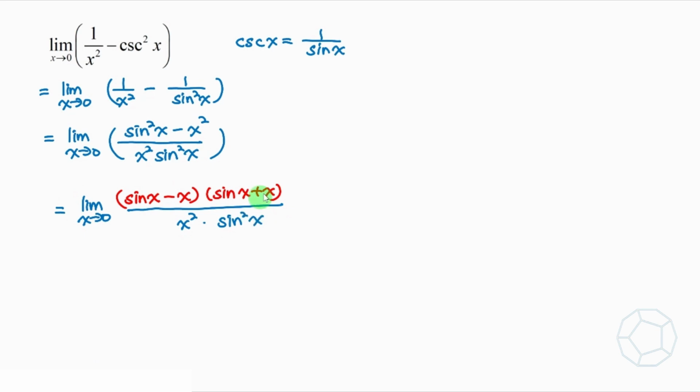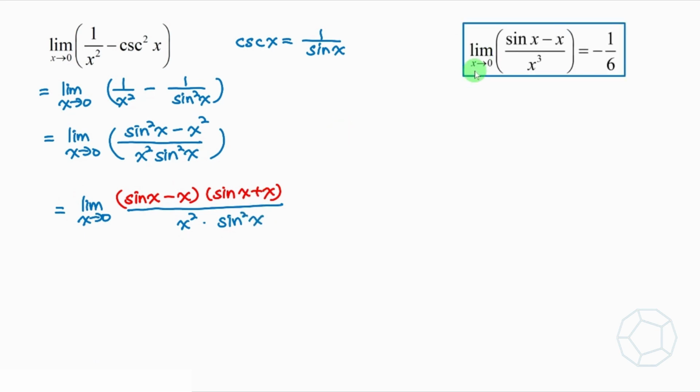Refer to the result in the previous video, limit x tends to 0, sine x minus x over x cubed is equal to negative 1 over 6. So we're going to take out these terms in the front. However, there's only x squared rather than x cubed in the denominator. Therefore, we'll have to multiply an extra x in the numerator.